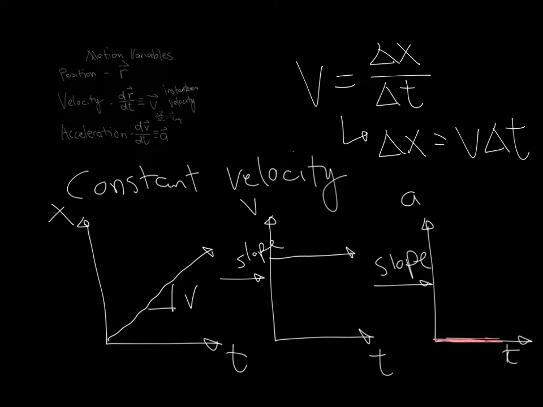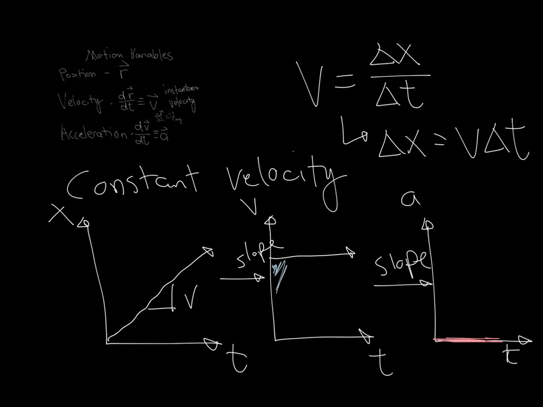Right? Now, if you look at this graph, this one right here, and you look at this equation, this is kind of like the area under this graph, right? Because this is kind of like the height of this rectangle.